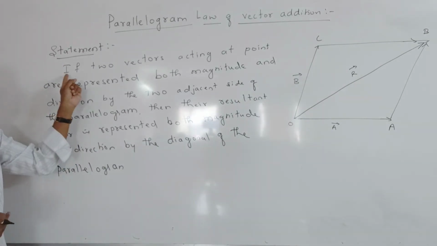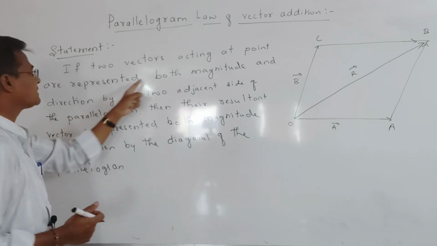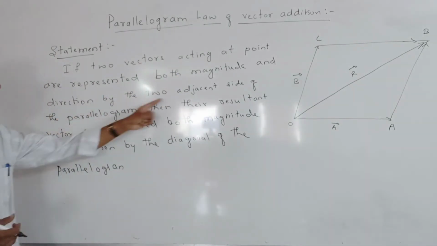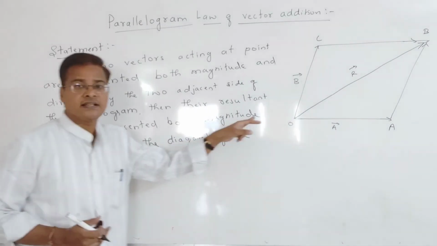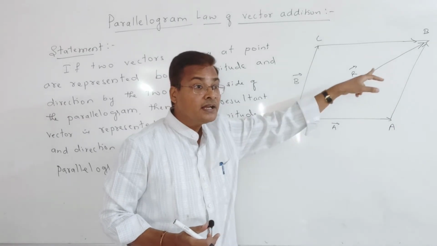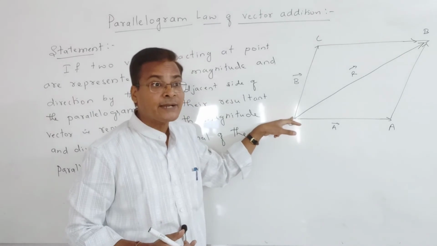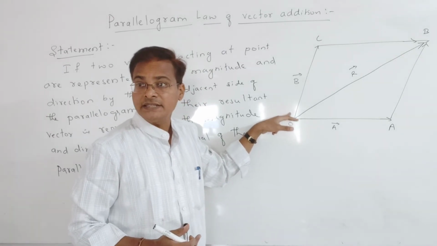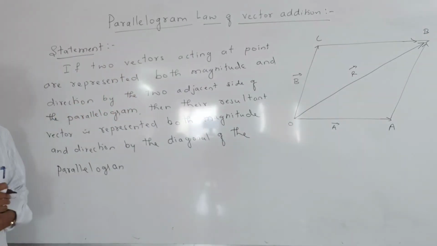If two vectors acting at a point are represented in both magnitude and direction by the two adjacent sides of the parallelogram, the resultant is the diagonal of the parallelogram passing through the same point.